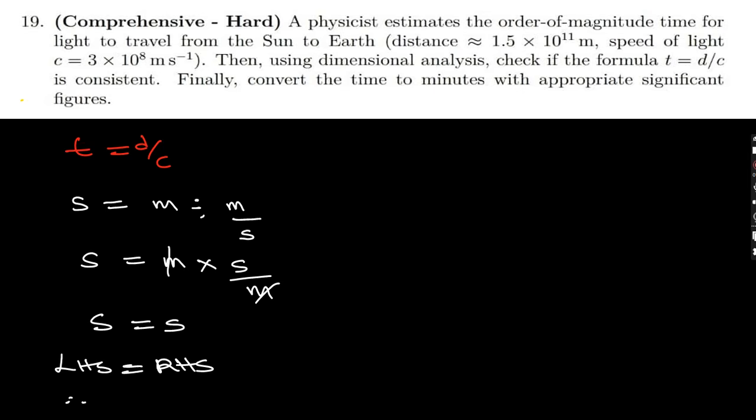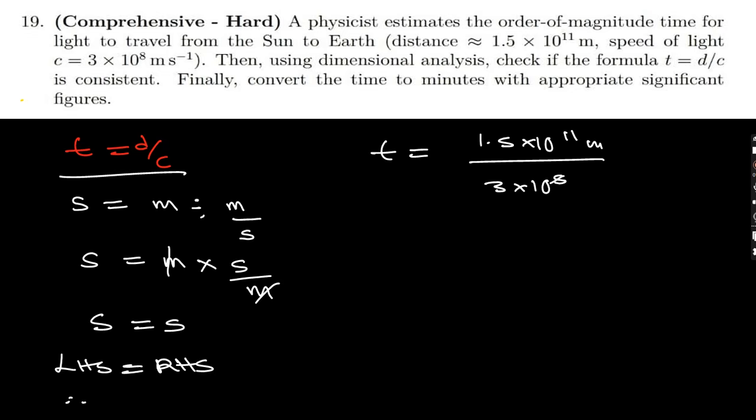Finally, convert the time to minutes with appropriate significant figures. To convert time to minutes, we first need to find the time. The distance is 1.5 times 10 to the power 11 meters, and the speed is 3 times 10 to the power 8 meters per second. I'm using this formula, don't get confused.